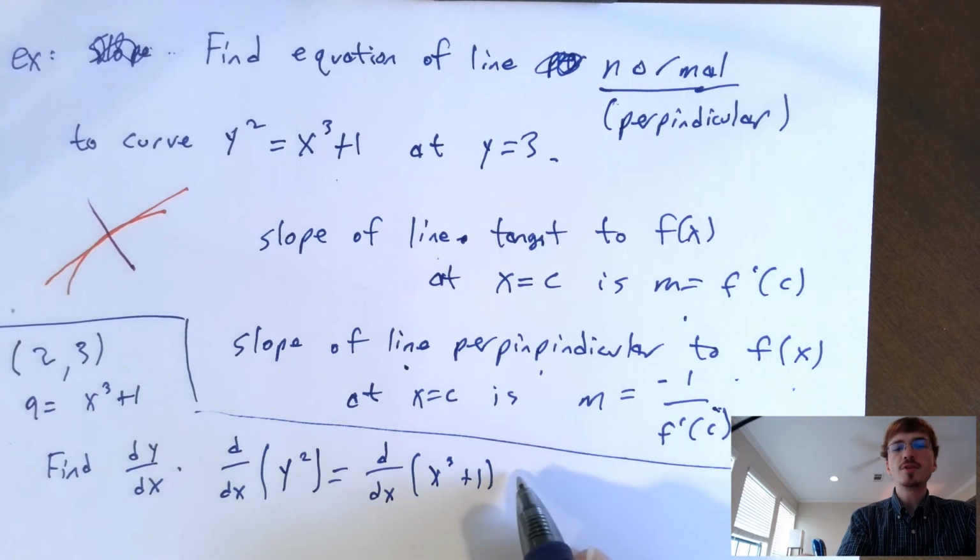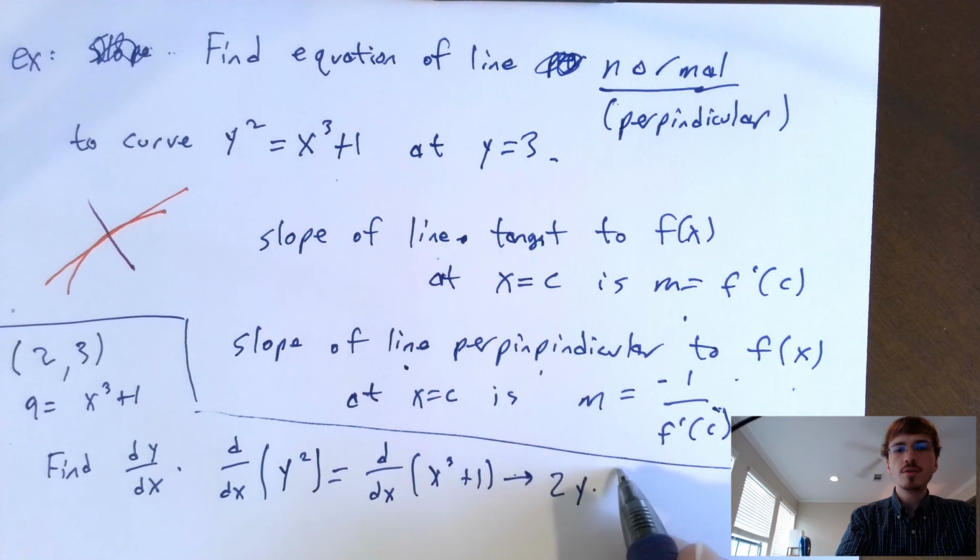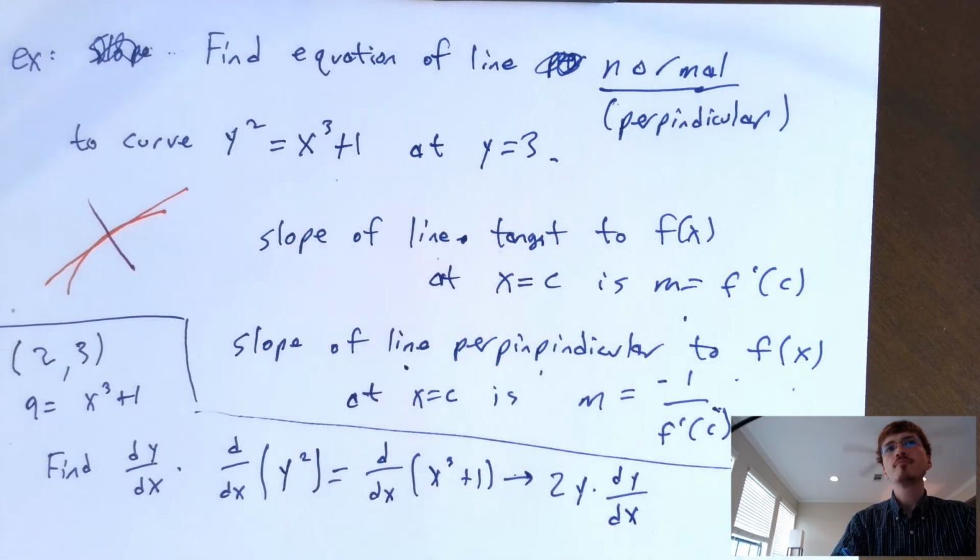And what's the derivative of the left-hand side? It's 2y times the derivative of what's inside, which is dy/dx. And this is equal to the derivative with respect to x of x cubed plus 1, which is just 3x squared.